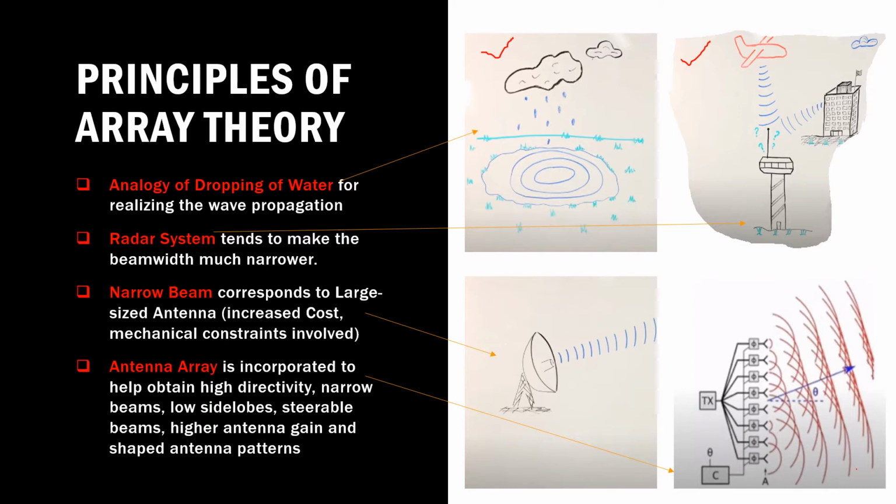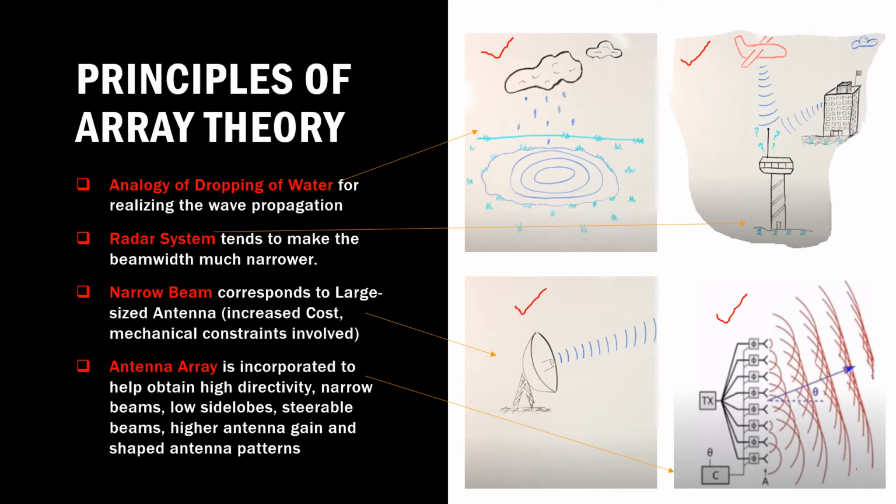So the buildings and other objects flying here and there can be detected and considered in our calculations. So to have the narrow beam, we usually consider two configurations.